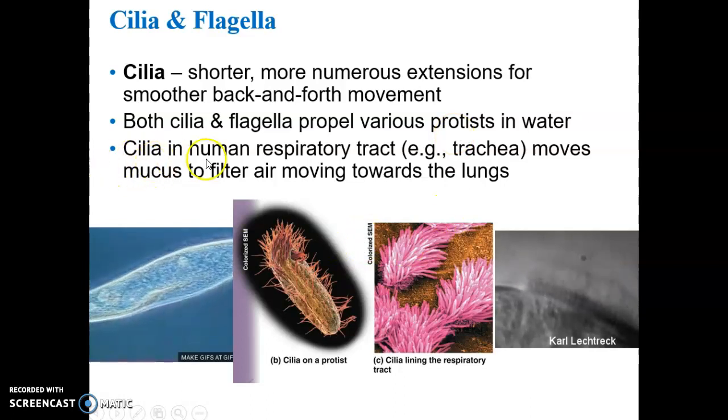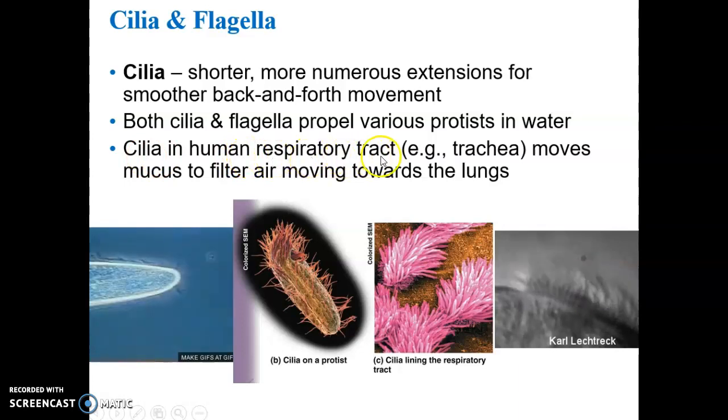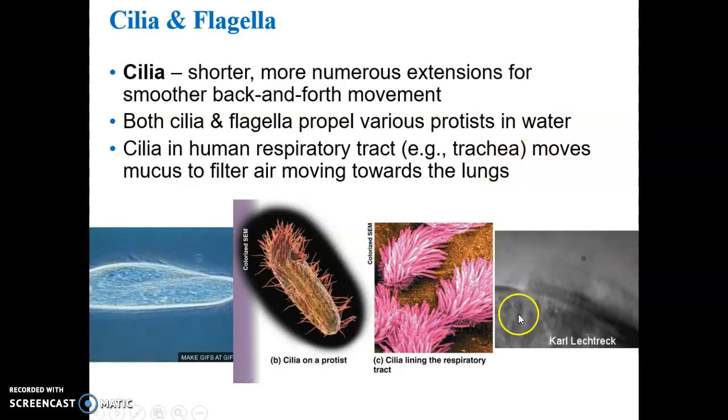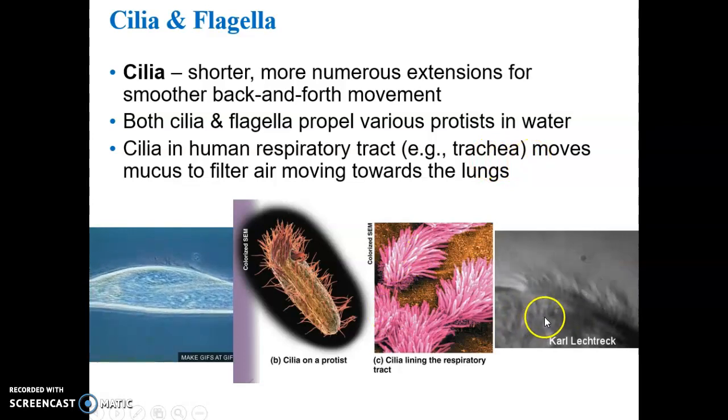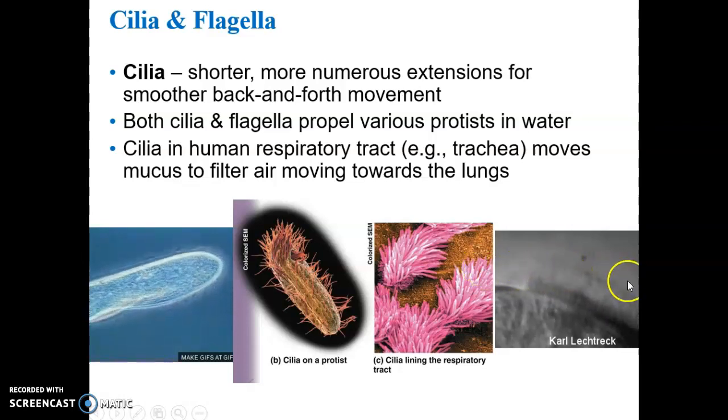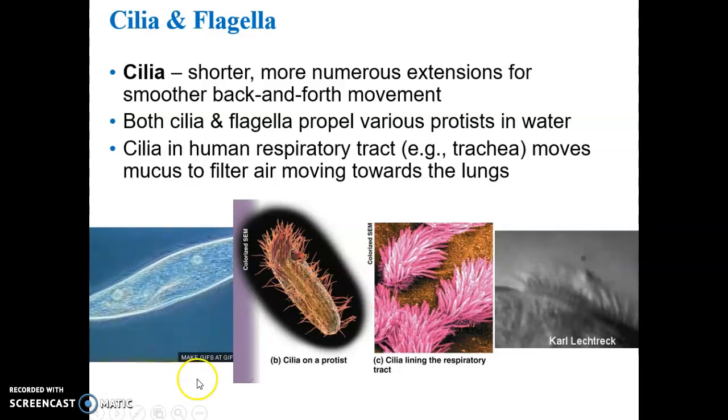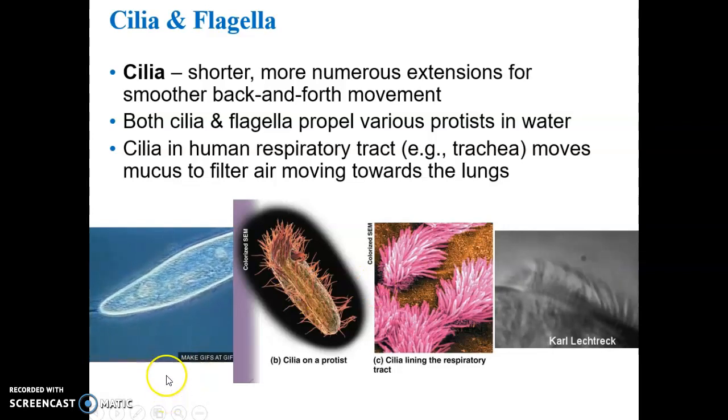And we have cilia in our bodies lining the respiratory tract, like in your windpipe, your trachea. However, the cells are stationary, but the cilia move, and they move the mucus that lines our respiratory tract to help clear out debris that we inhale. So we'll finish this up in the next part.